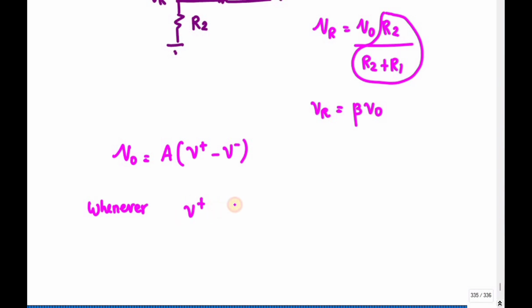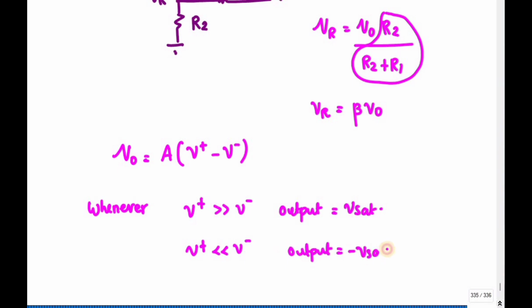If the V plus value is greater than V minus, the output goes to V sat. And whenever V plus is less than V minus, the output is equal to minus V sat.